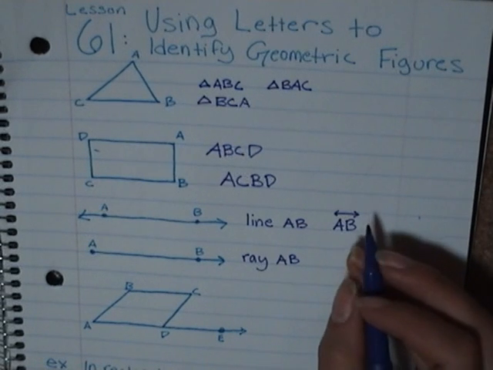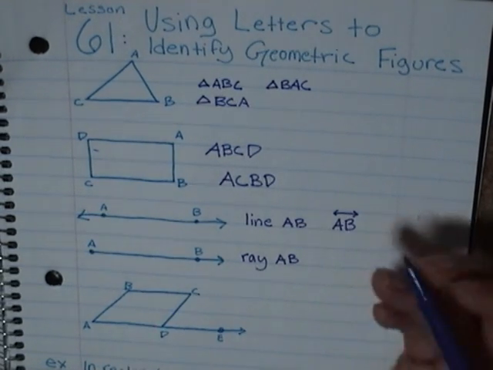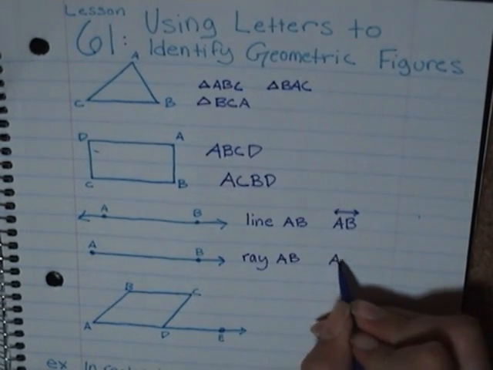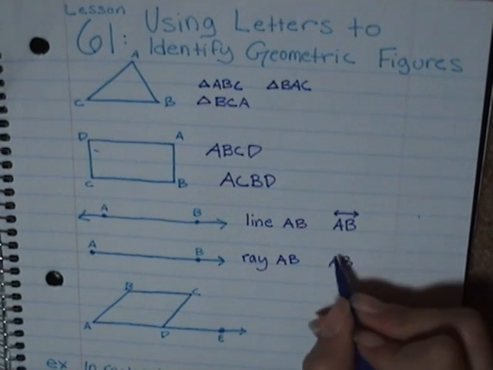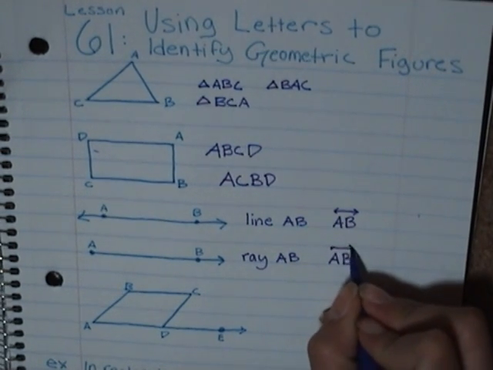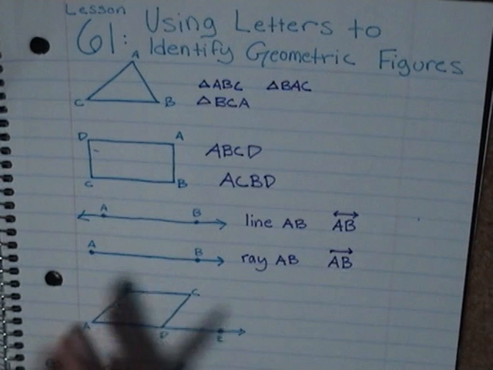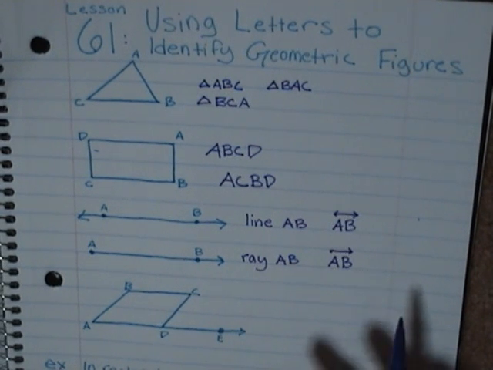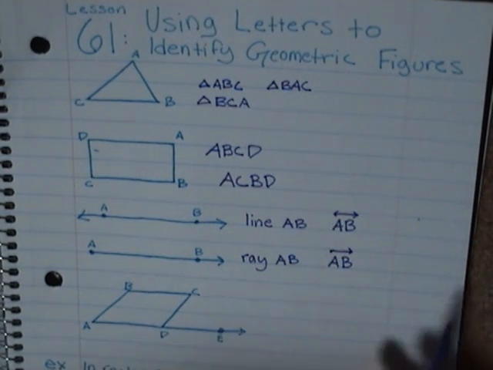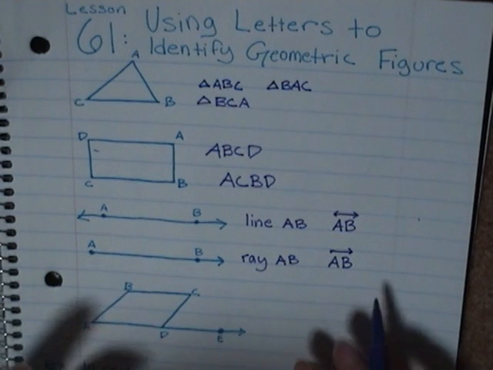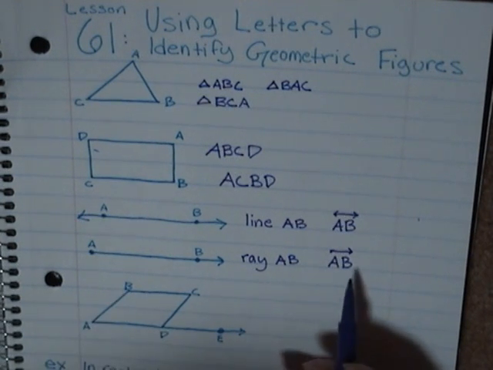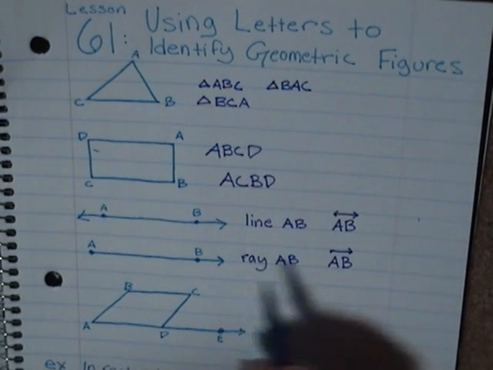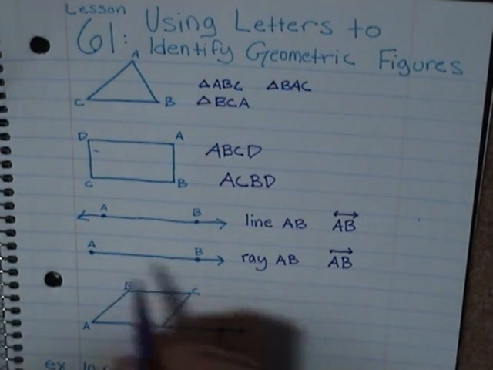And the other way to name it, which is an abbreviation, is AB with a little arrow above it, basically making a small ray. Now, if I were to name this ray BA, that would not make sense, because in your little abbreviation you even show that the arrow is pointing this way and that your endpoint is first.